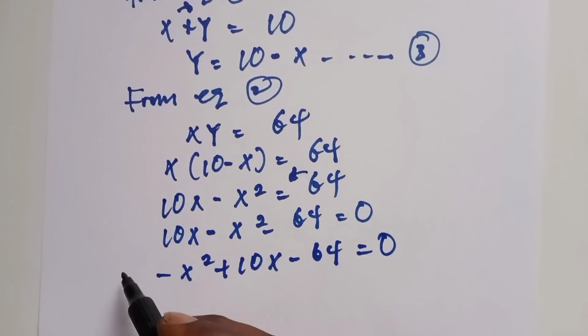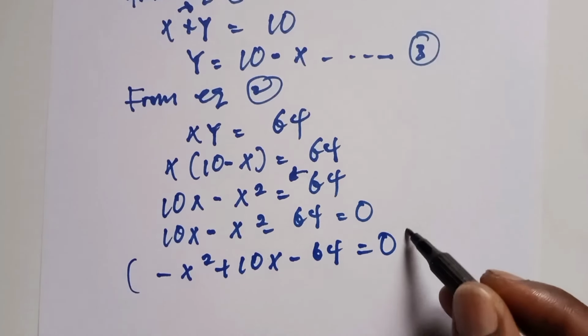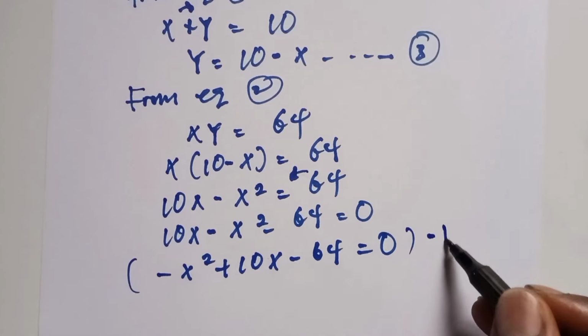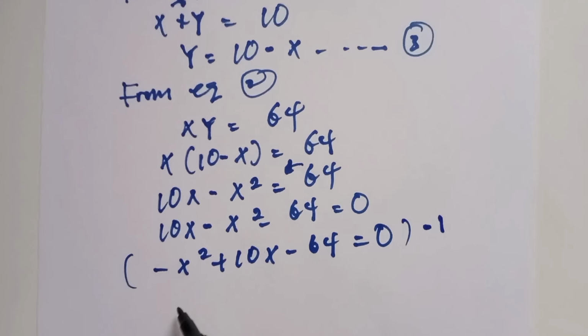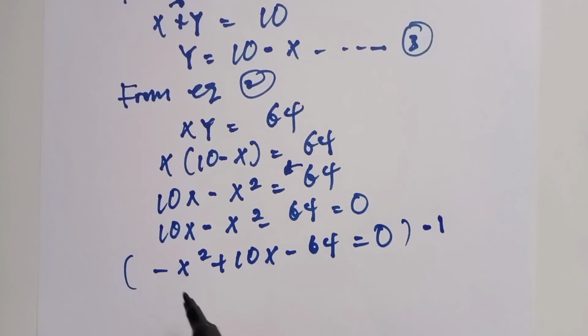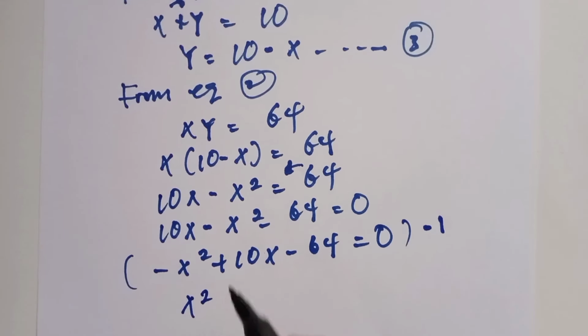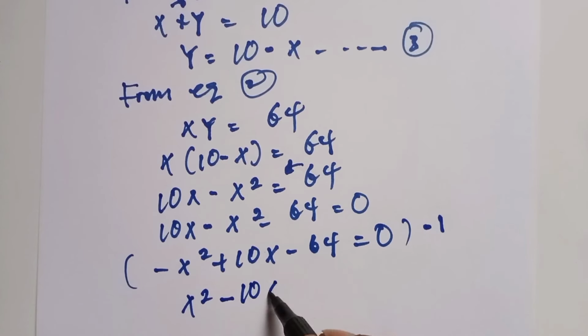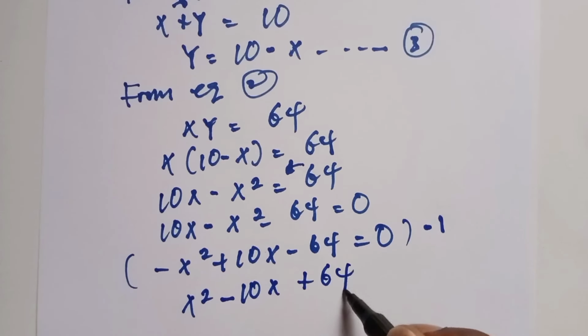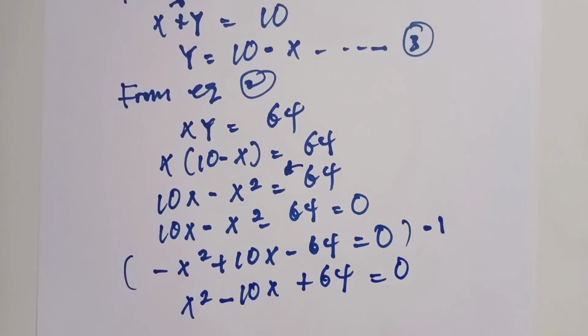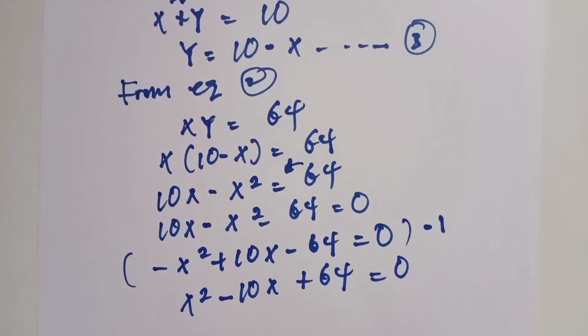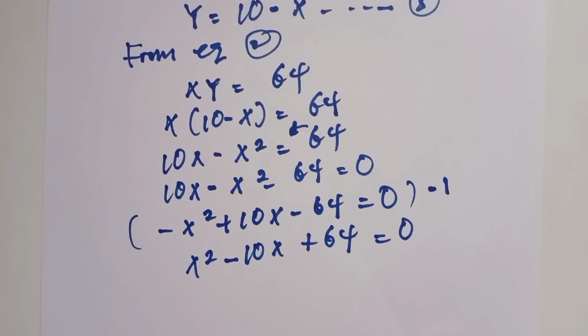At this point, I can multiply both the left hand side and right hand side by minus 1. If I do that, I have x squared minus 10x plus 64 is equal to 0. Now this is a quadratic equation, so we're going to be using the quadratic formula.